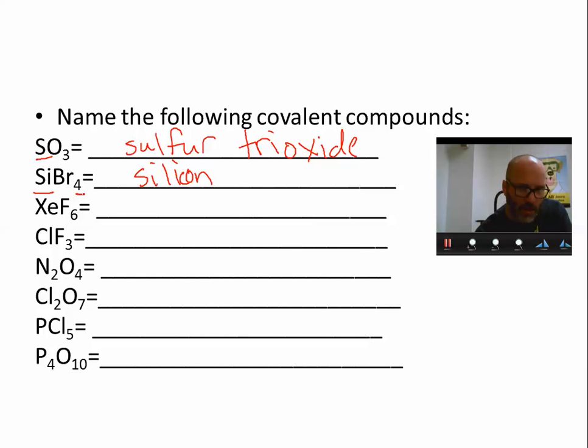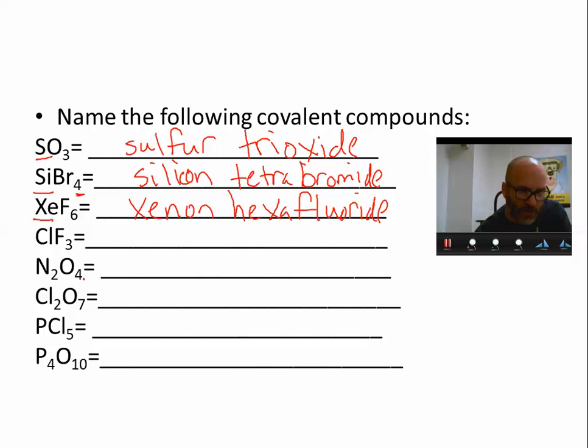Bromine has a prefix of 4, that's tetra, and bromine becomes bromide. Next, this is one of the rare compounds that a noble gas can form. We have Xe, xenon, and 6, which is hexa, and fluorine becomes fluoride.